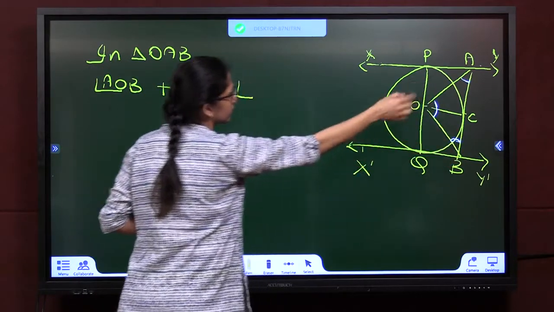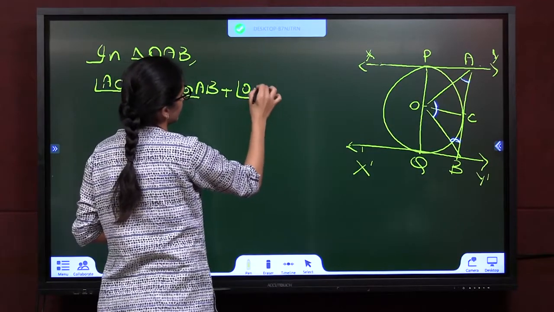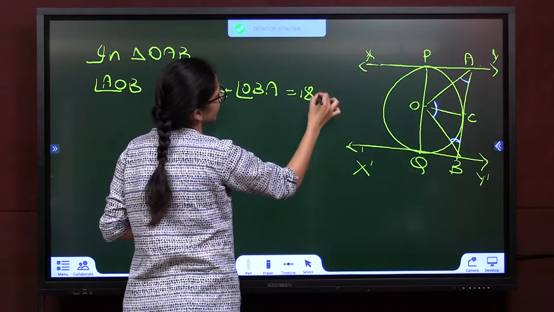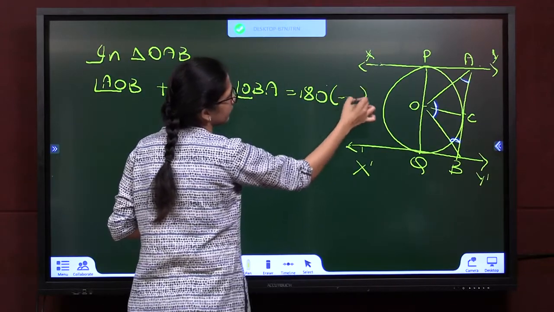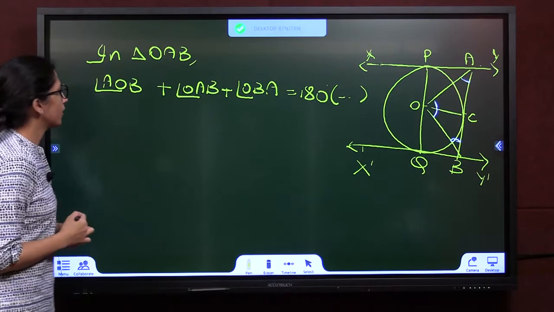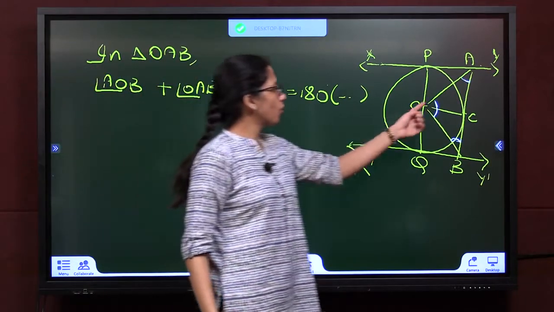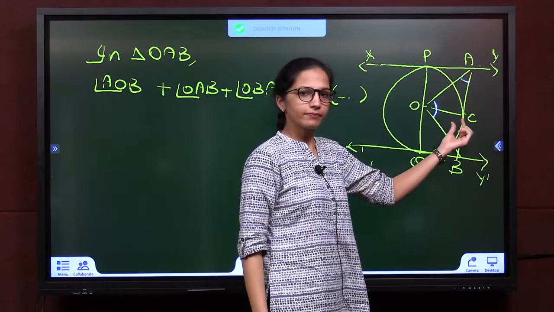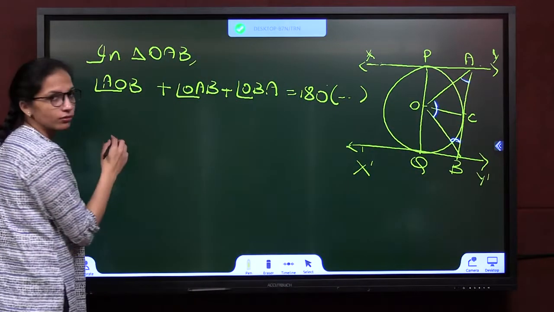This is OBA or OBC, anything, is equal to 180. Write down the reason. Angle sum property. Now, can I write OAB as half of PAC? Yes, I can do that.